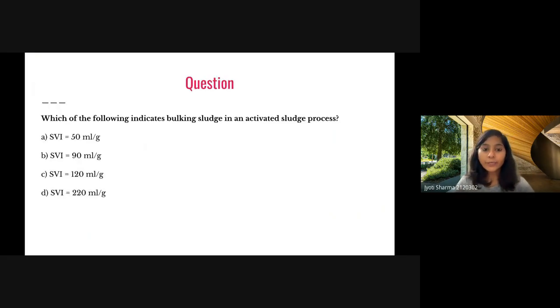Okay, which of the following indicates a bulking sludge in an activated sludge process? Equal to 50 milliliter per gram, 90 milliliter per gram, 120 milliliter per gram, 220 milliliter per gram. When the sludge will have that bulky problem.